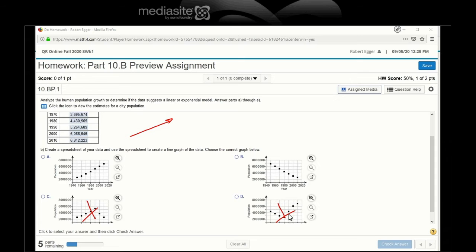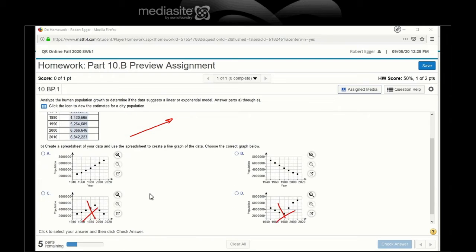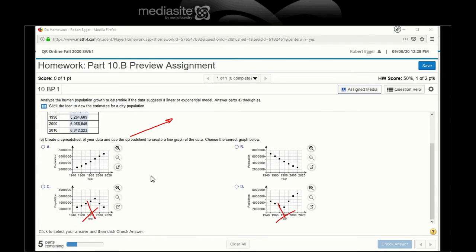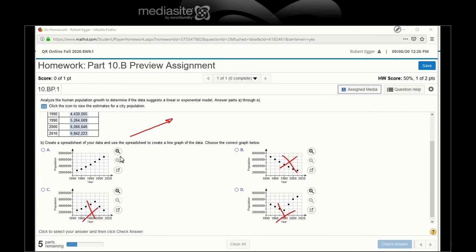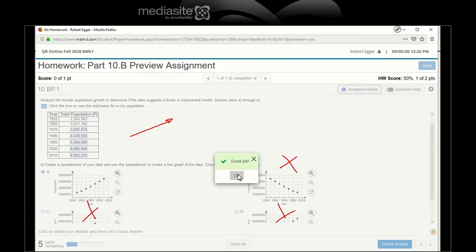This one shows it going down, then going up. This guy shows it going down. So this is the only one that shows it consistently increasing, and that's what the data is doing. Got it.